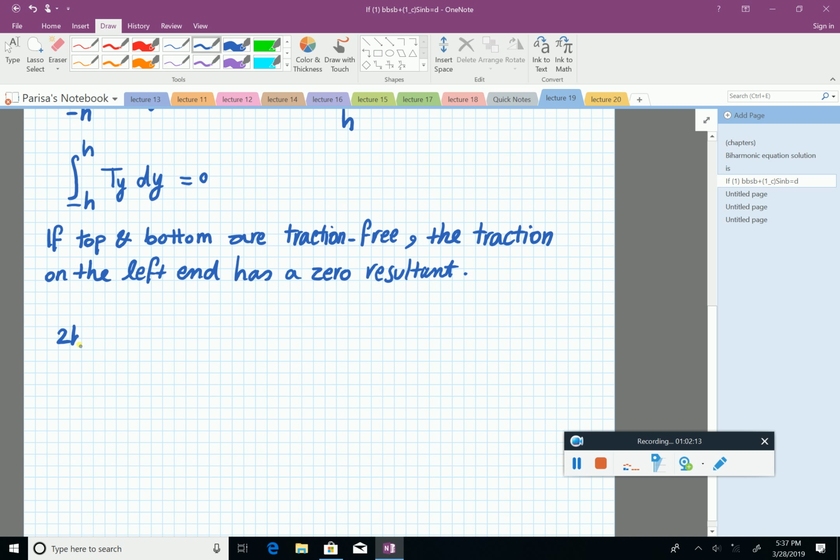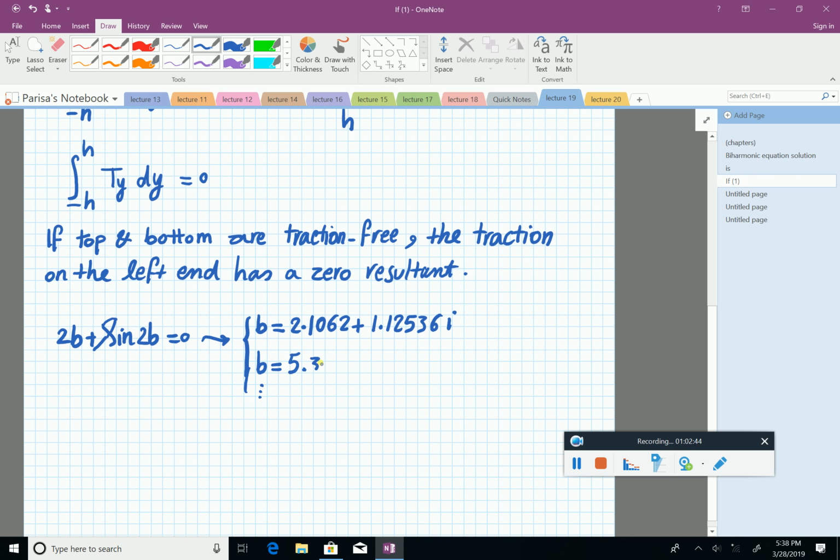So let's look at some of these solutions. For example, you can see that B can be 2.1062 plus 1.125, or there are multiple solutions, of course, or larger values.